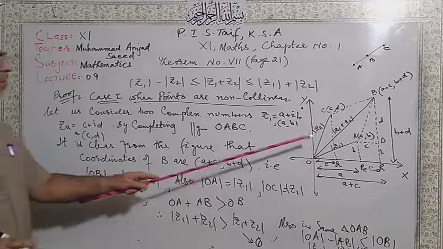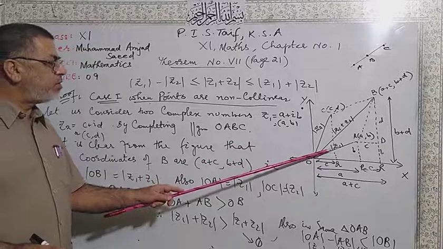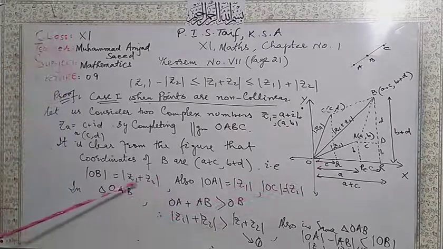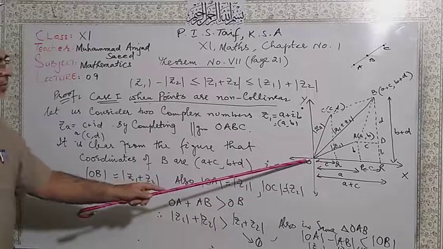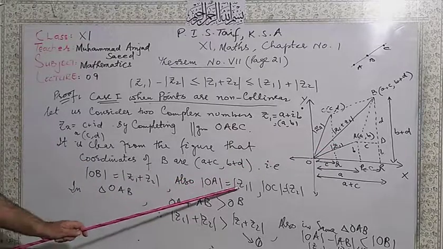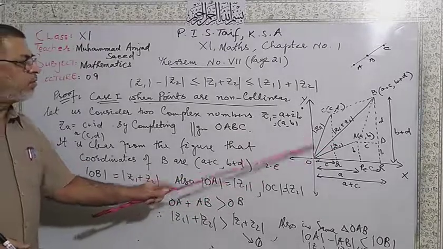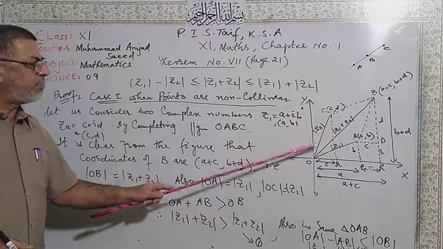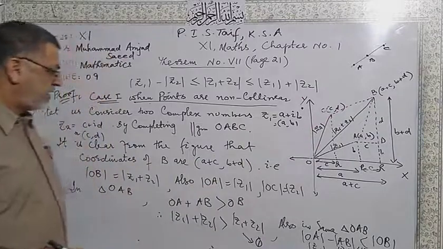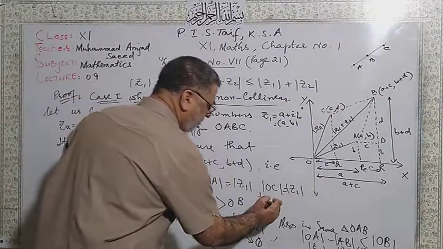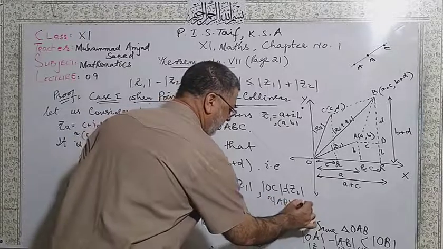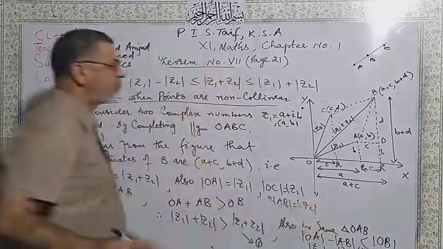Now the magnitude of z1 is equal to OA. OA is equal to |z1|. OC is equal to |z2|. Basically, OC is equal to |AB|, they are the same. OC is equal to |z2| and |AB| is also equal to |z2|.